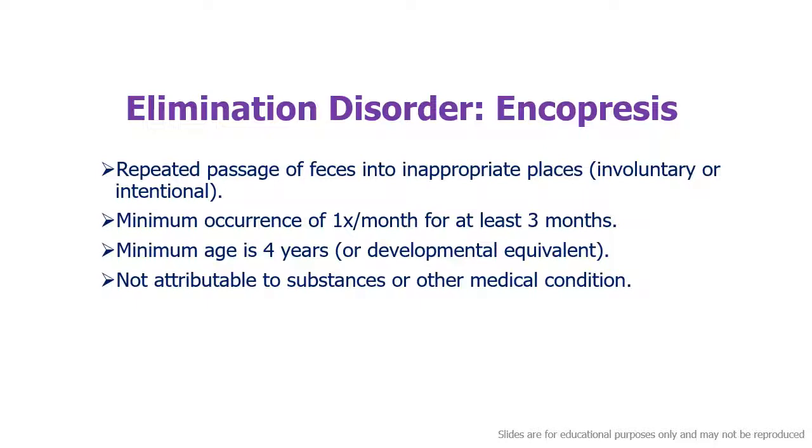So for going number 2, it's 1 time, and for going number 1, it's 2 times. So they're opposite. Now, for this age, since it's probably harder to control your urine than controlling your poop, the minimum age of diagnosis is 4 years. So they must be at least 4 years old before this disorder can be diagnosed.